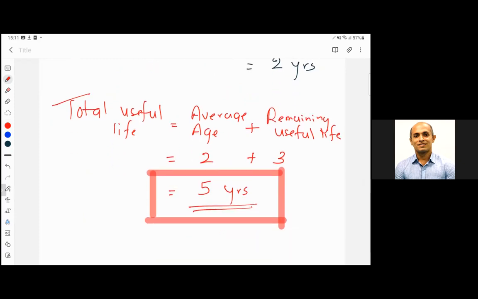So this is a very simple example. Practically, a company has many machineries purchased at different times, in different years.